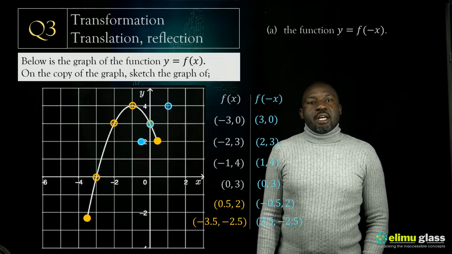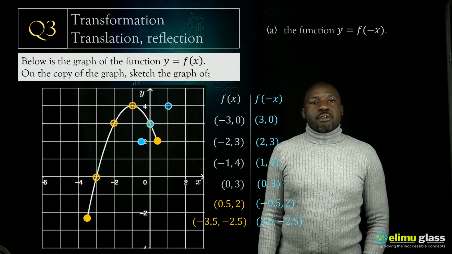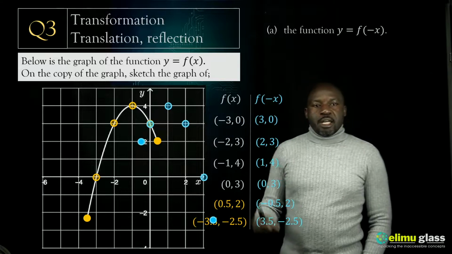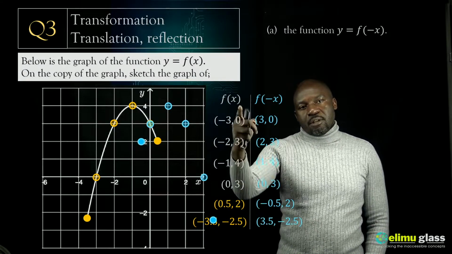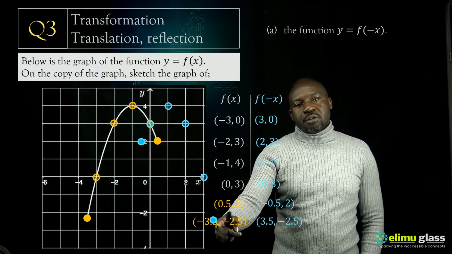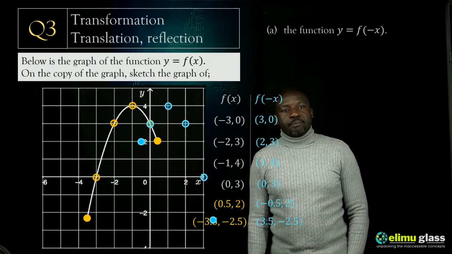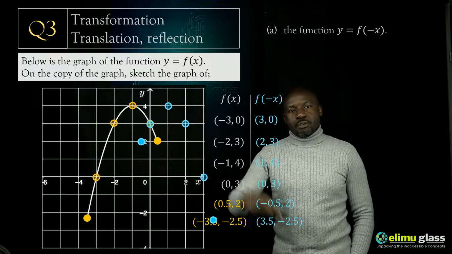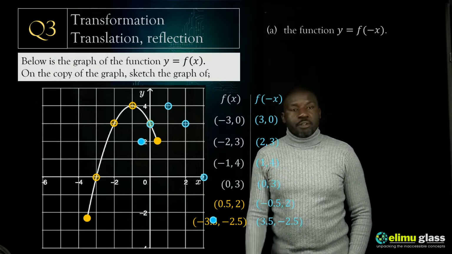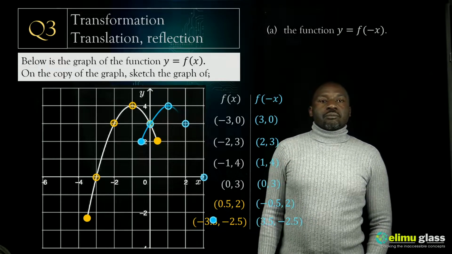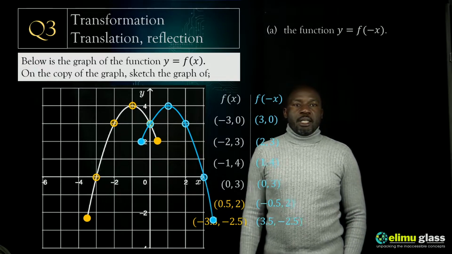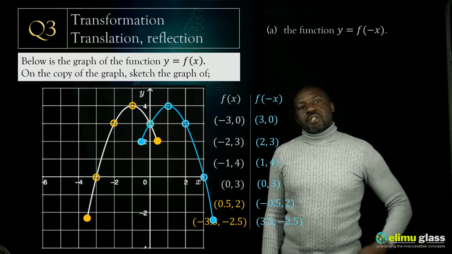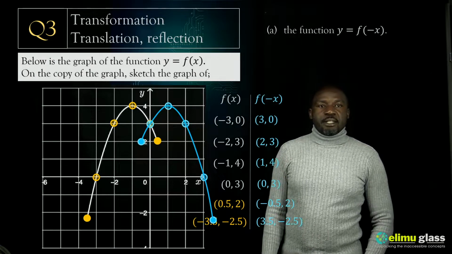The other point, minus 1, 4, becomes 1, 4, and so on. I didn't give enough space for this graph, so you just move it a little out of the graph. In a real exam question, of course, there will be space to do this. Then all you do is join the points, and that is the graph of the function y is f of minus x.